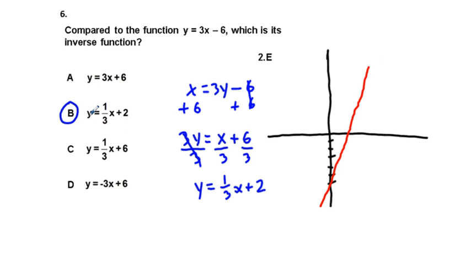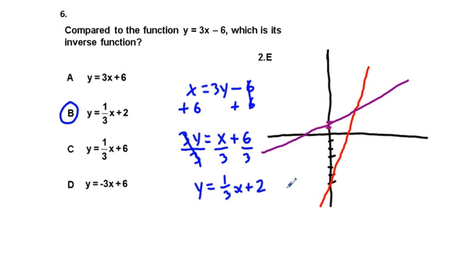And then our answer choice B is our inverse, and that's going to be the function y equals 1/3 x plus 2. So here we go to plus 2. And 1/3 x, so it's going to be the slope of 1/3, kind of like this.